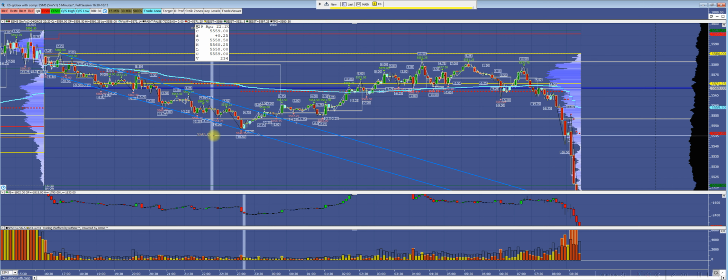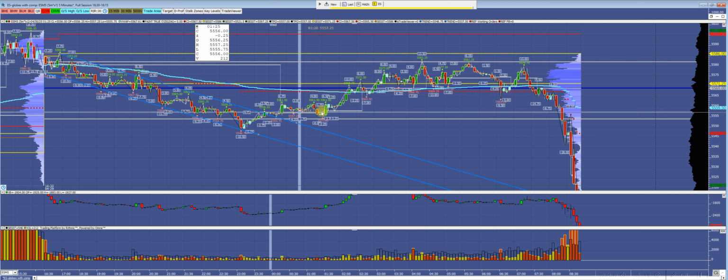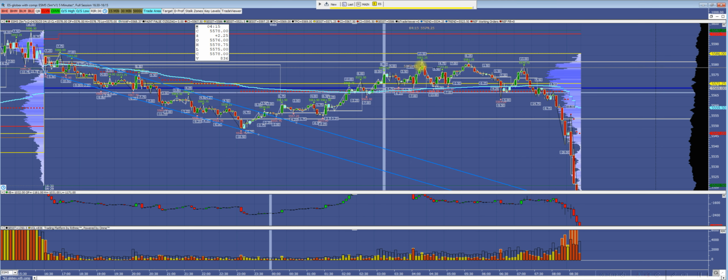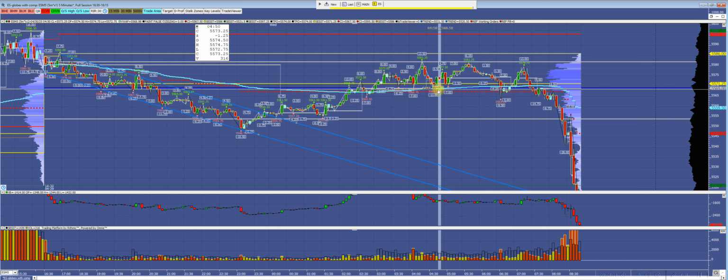Mr. Sneaky comes in, and then we rotate, we break out of the channel, and then we drift all the way up to this 5582.25.